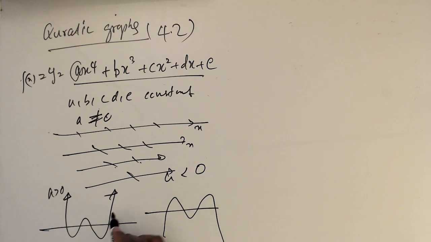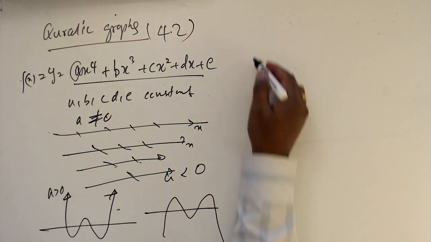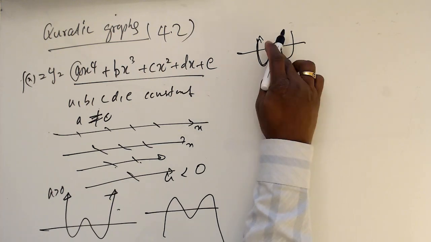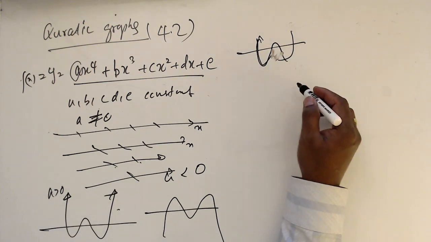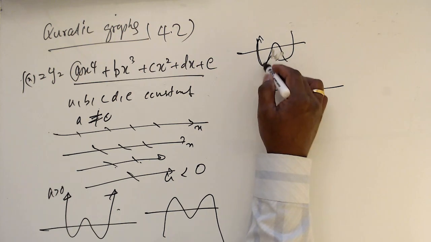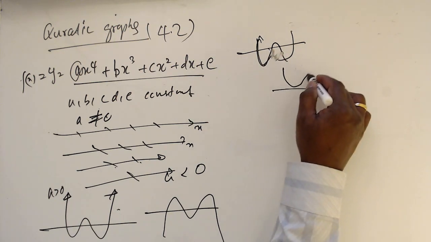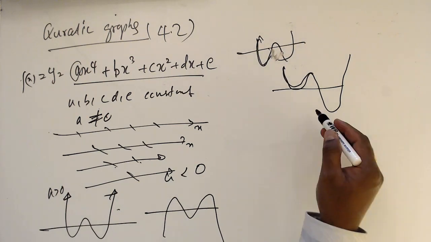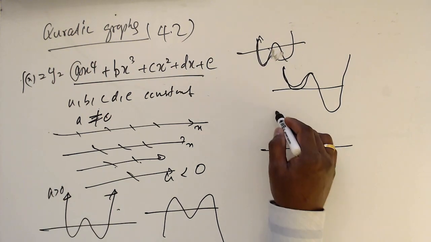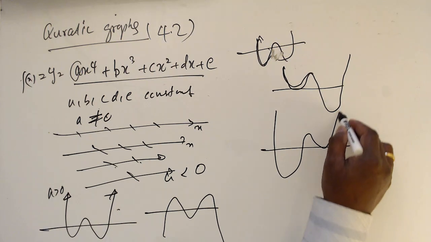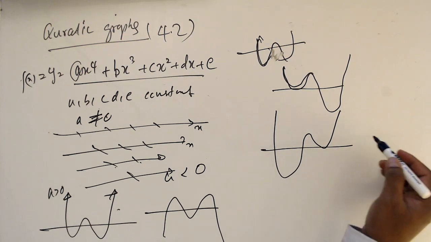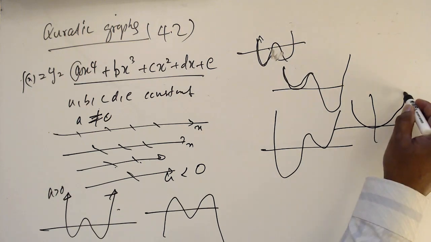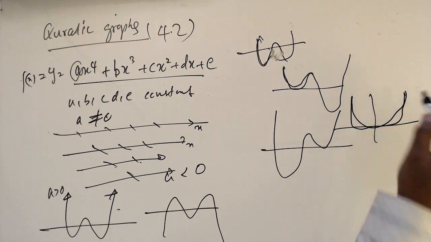Now for this graph, there may be forms, sometimes if the roots are the same, something like that, or all the roots are the same, something like that.